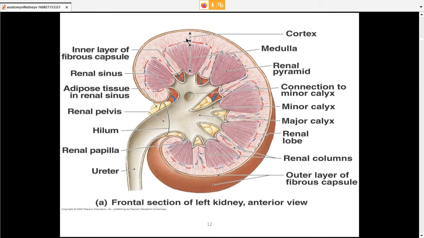Inside the kidney the part which is near to the surface is called the cortex, and below that we can identify triangular shaped structures. They are present in the region called the medulla. You can see the word here, medulla. Okay, cortex and medulla, you can see both areas over here.